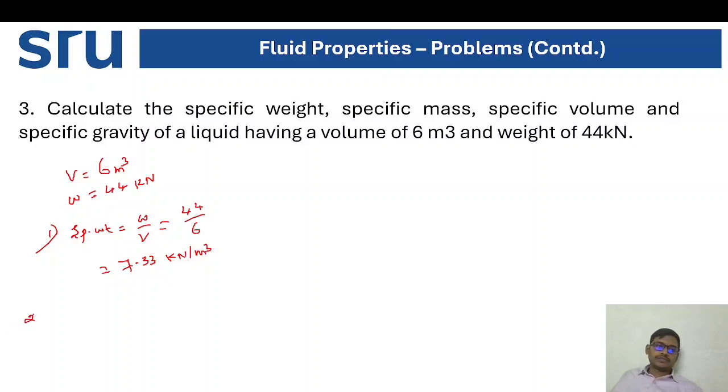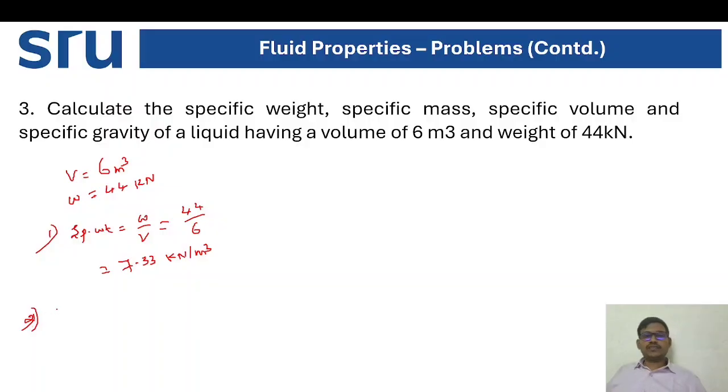Done. First one is completed. So specific weight equal to weight by volume, and weight is 44 and volume is 6. So 7.33.